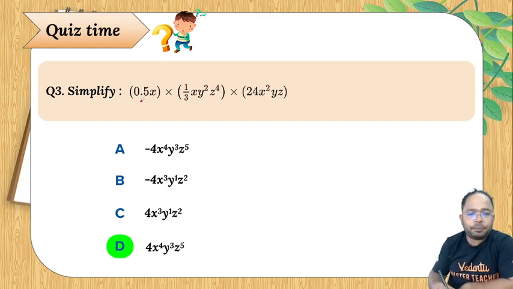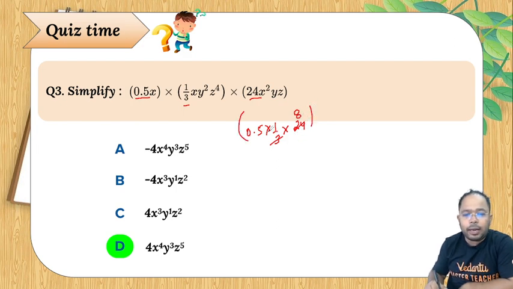Now come the calculations of all these constants. So 0.5 into 1 by 3 into 24. 3 eights are 24. So 8 into 0.5, that gives you 8 fives are 40, 0 carry 4 and 4.0, that gives you 4 only. So we'll get a 4.